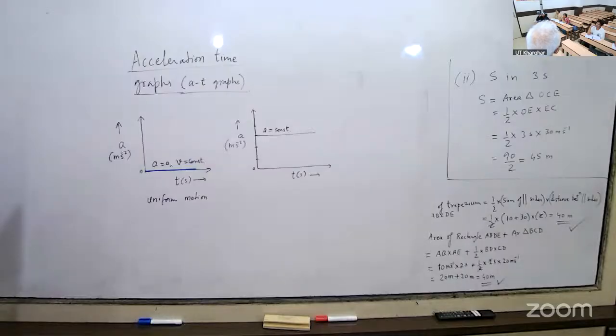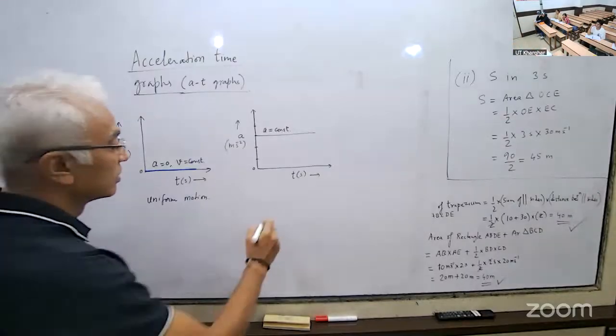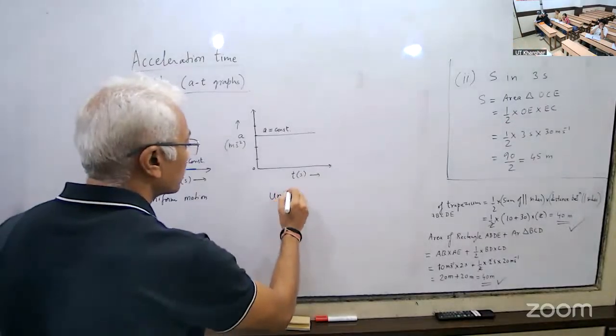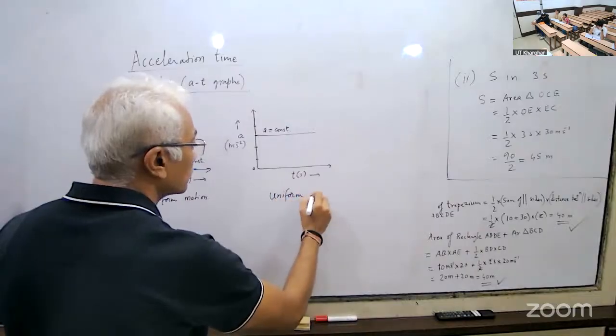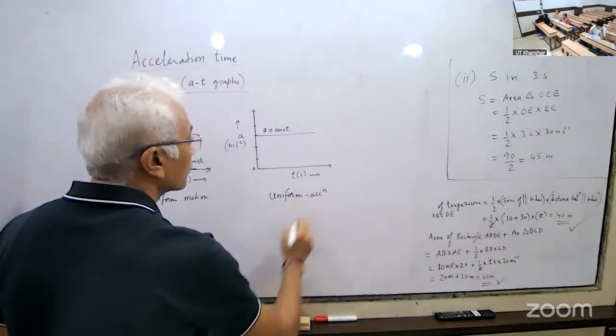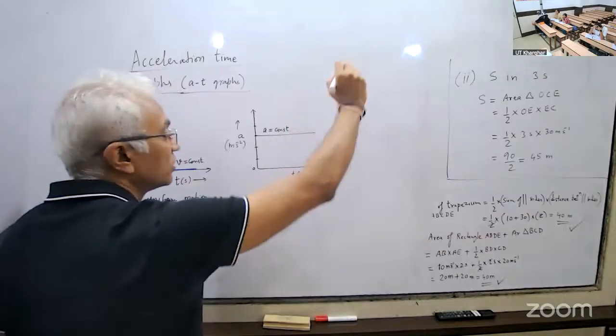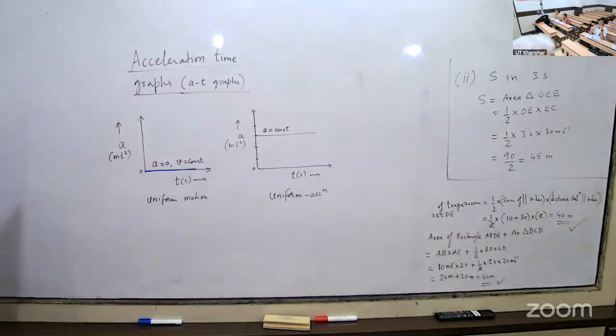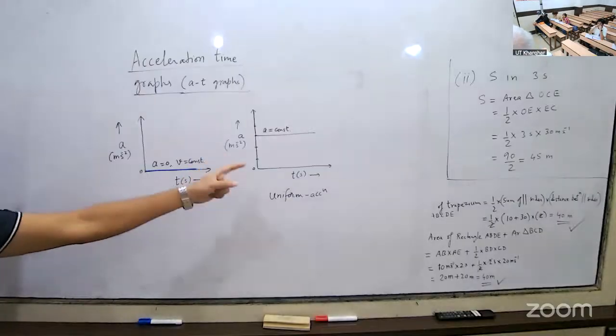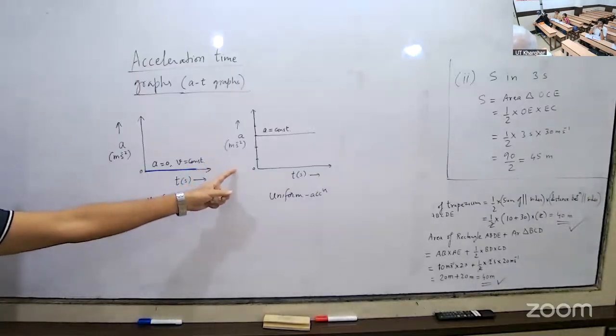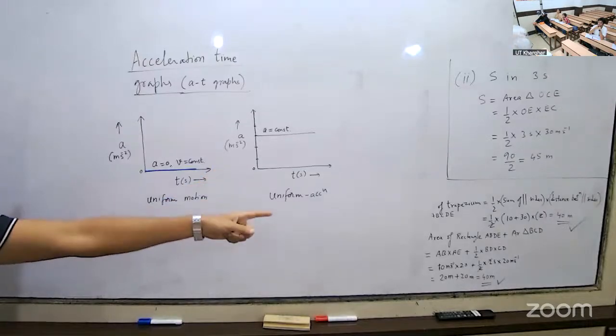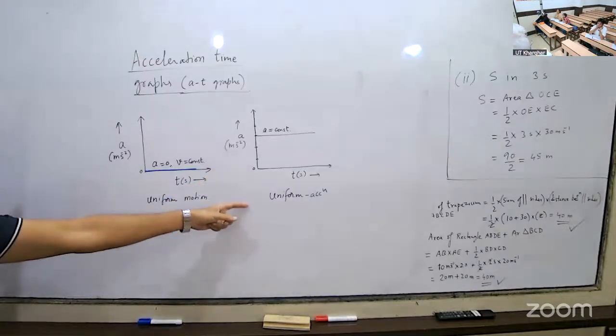Uniform acceleration. In case of VT graph, it was a straight line. So depending upon what the variables are representing on the y and x axis, the information conveyed is different.